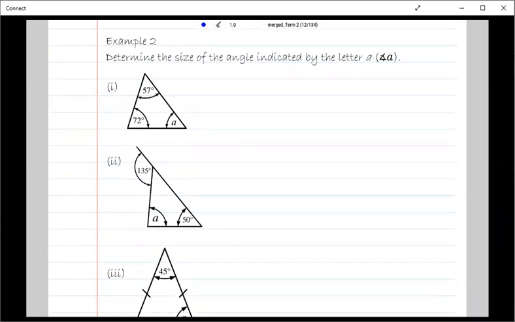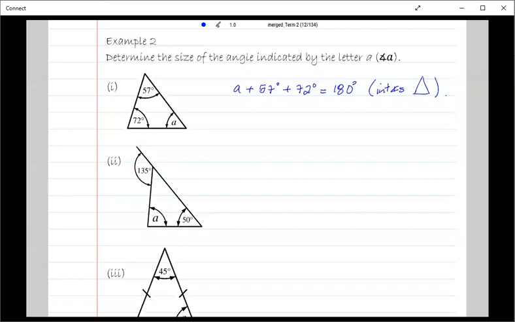All right, the very first one, I would say that A plus 57 plus 72 is equal to 180 degrees. They are the interior angles of a triangle.